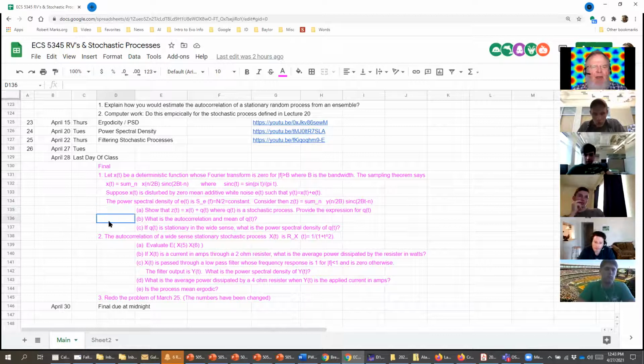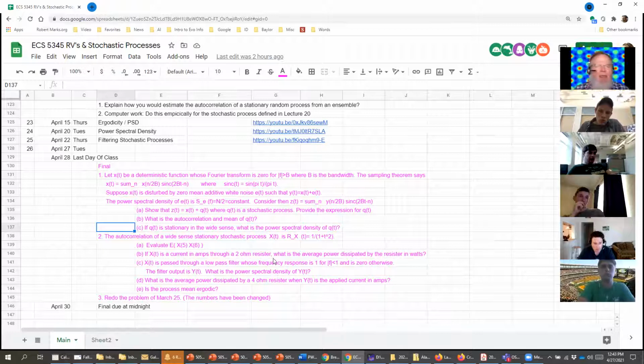And then I would like to ask you, what is the autocorrelation and mean of q of t? In other words, q of t is a stochastic process because it's interpolated with a bunch of samples of the white noise. And then if q of t is stationary in the wide sense, and I'll give you a hint, it is, then what is the power spectral density of q of t?